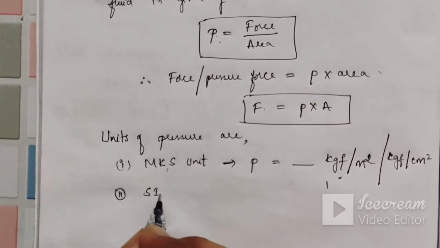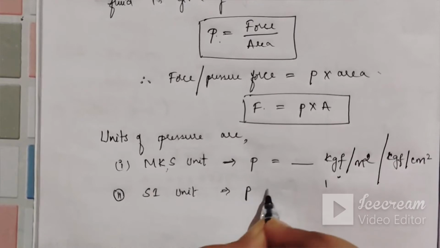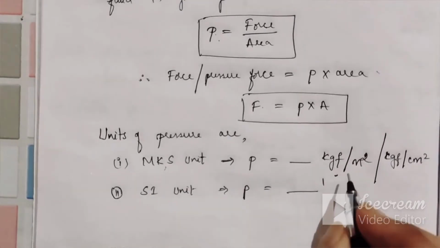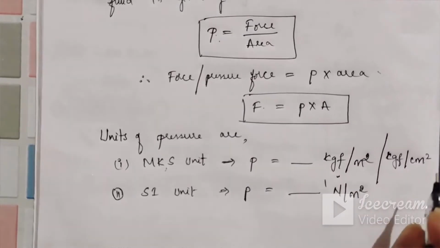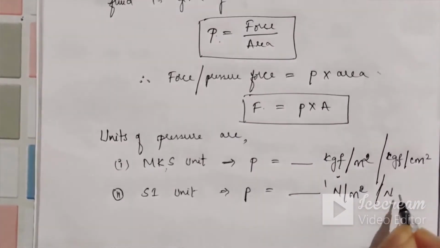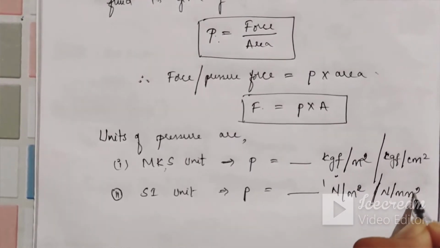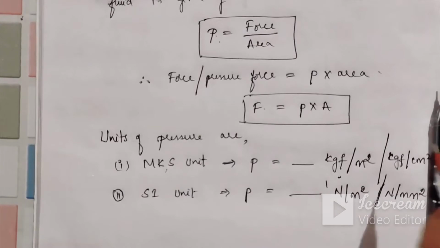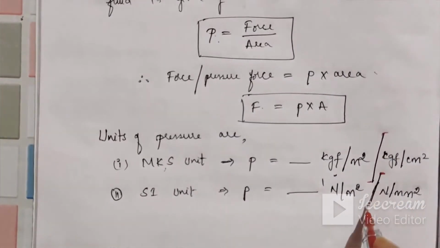But we are using the SI unit. In the SI unit, the unit of pressure, which you already know, is Newton per meter square or Newton per mm square.